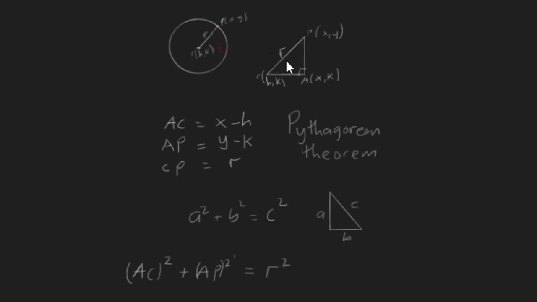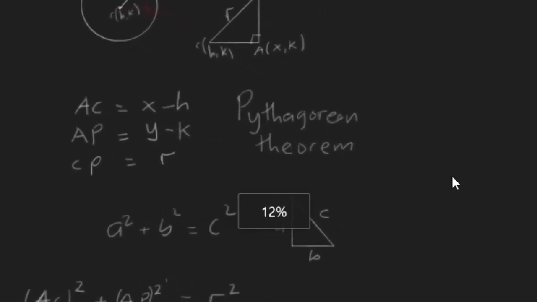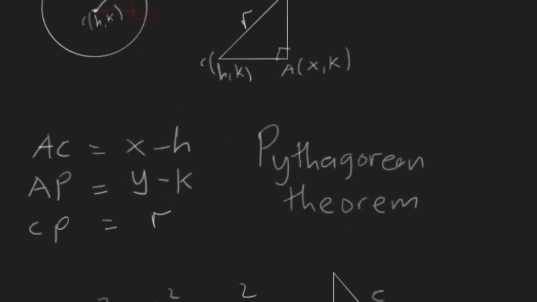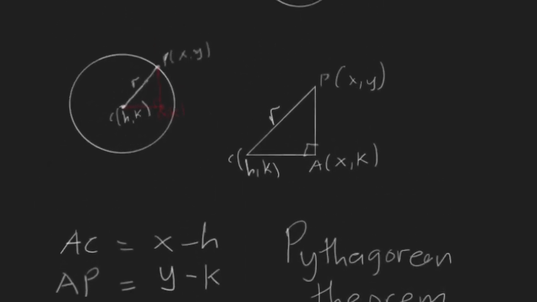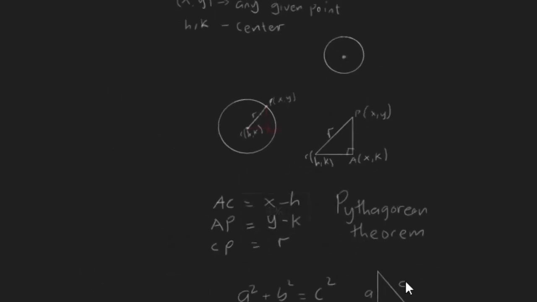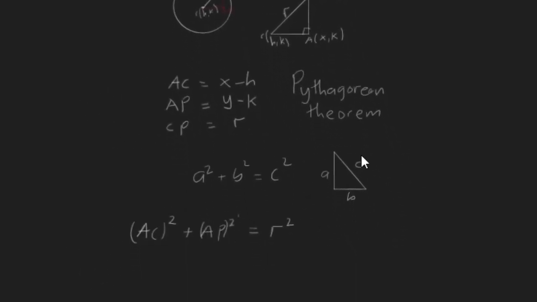If you are comparing it with this one, we say AC square plus AP square is equal to R square. That is something that we had from our circle. AC, AP, and then R. So that is what we are putting down here.